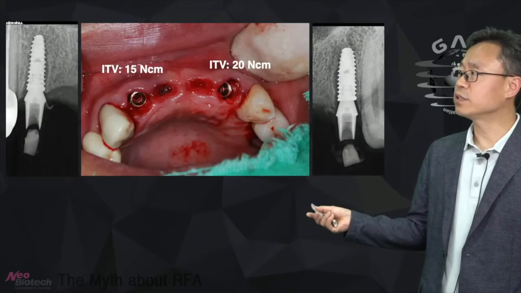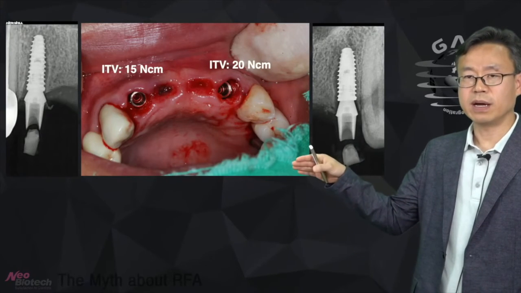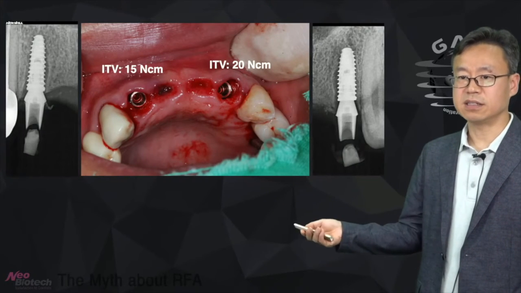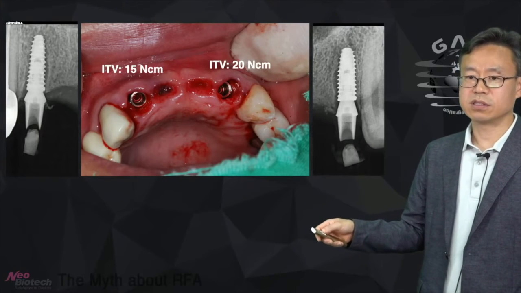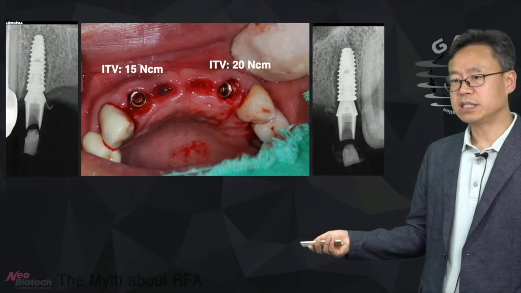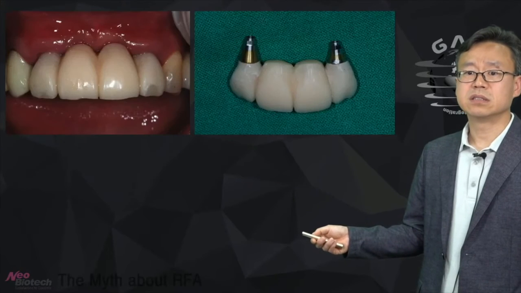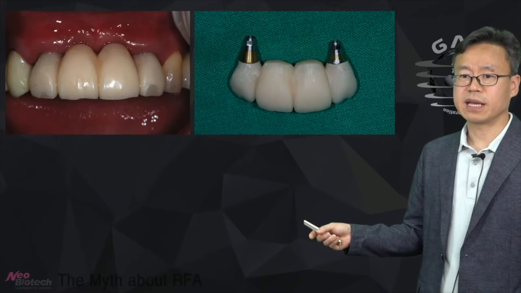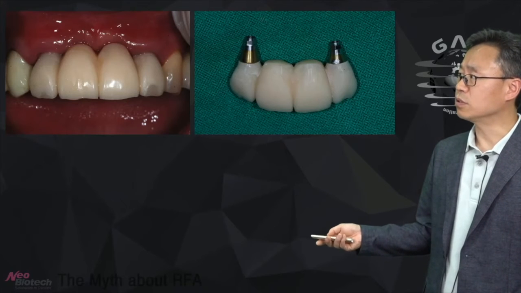And when the initial fixation of the implant is not good enough, if it's too mobile, as in this case, the insertion torque was 15 Newton centimeters for number 12 and 20 Newton centimeters for number 22, which was the immediate implant placement after extraction, but the patient still needed a provisional restoration.